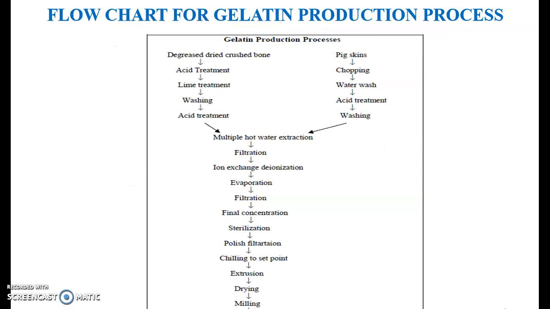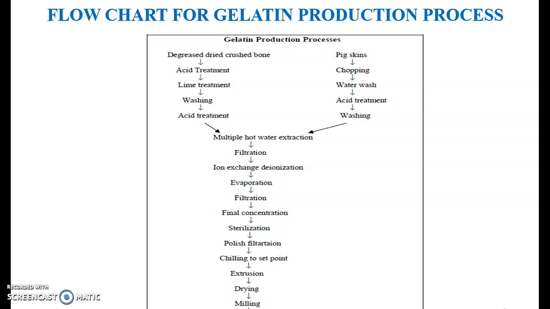So a detailed flow chart is given here to understand the steps involved in the manufacture or production of gelatin. If you see the skin, chopping is there, washing, acid treatment. And if you take the bones, you have to crush them, acid treat, lime treat to make the proper pH, washing and acid treatment.